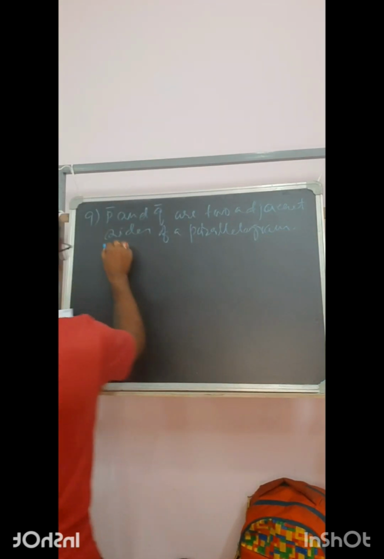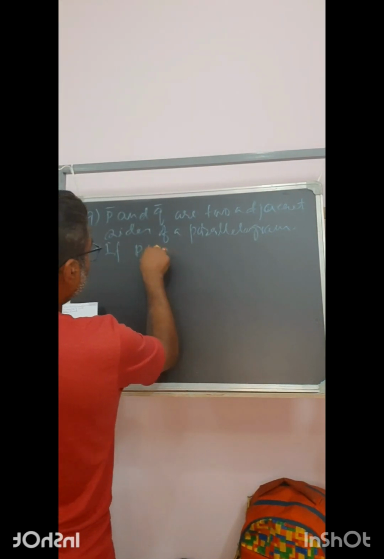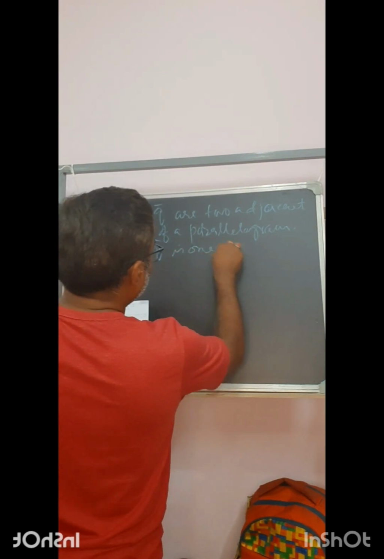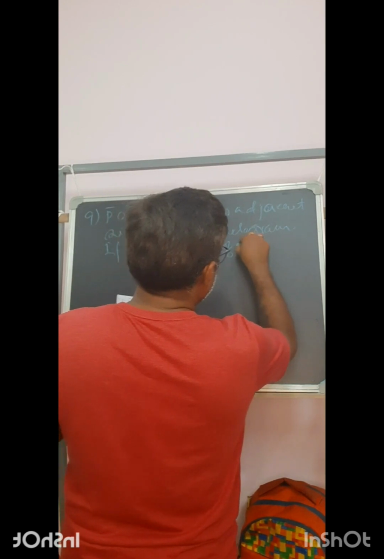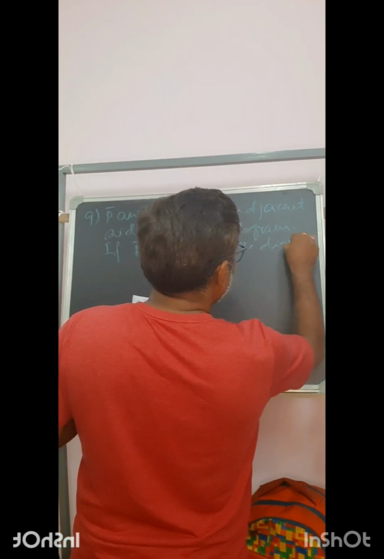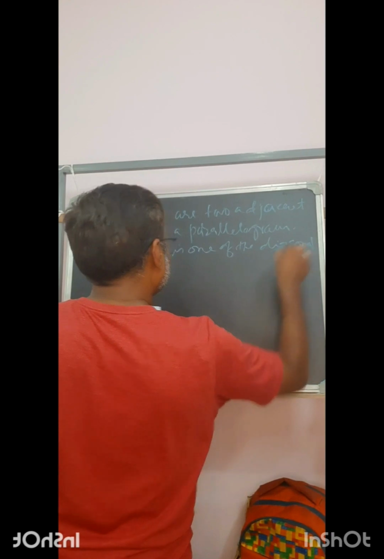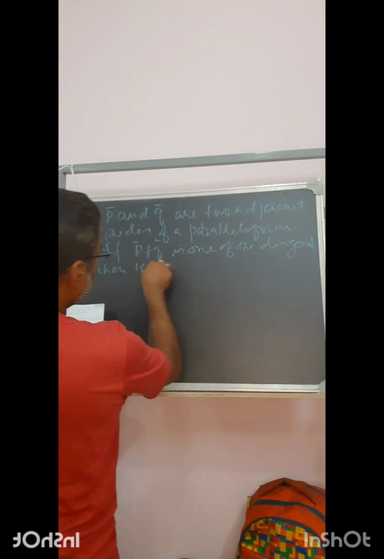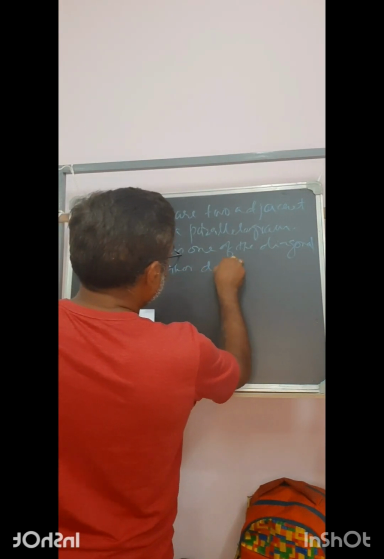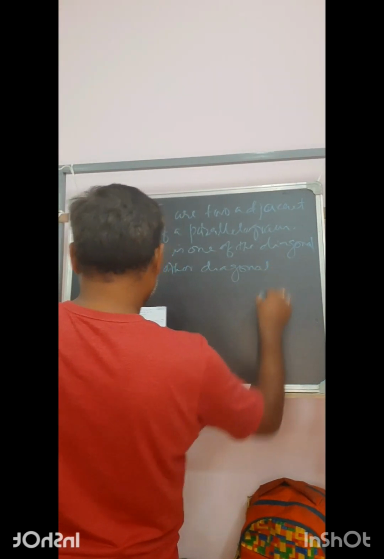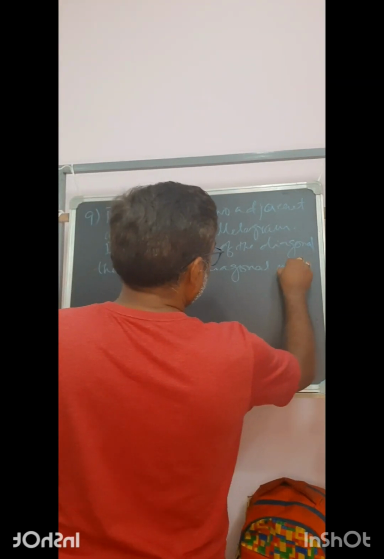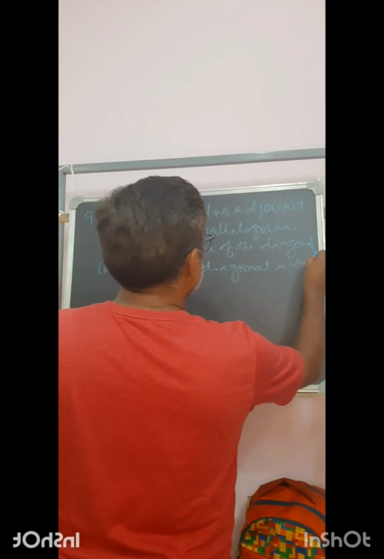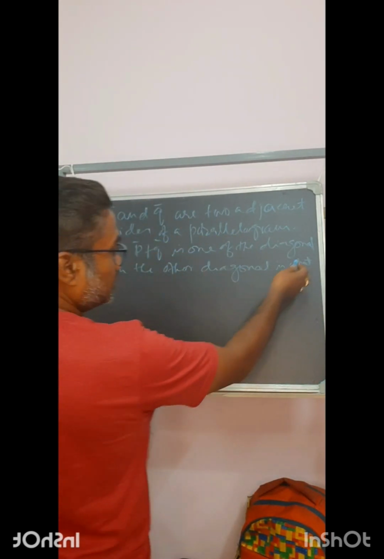If P plus Q is one of the diagonals, then what is the other diagonal? So you have to establish a relation between P and Q for the other diagonal.